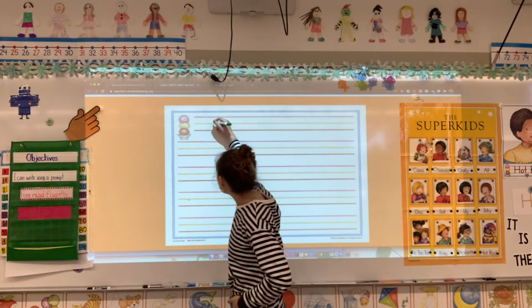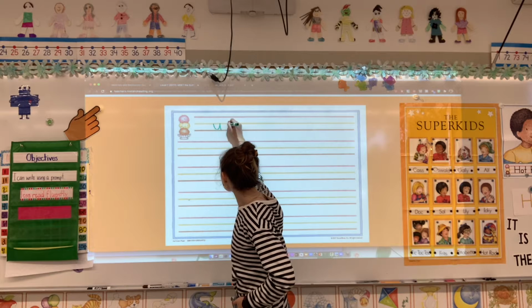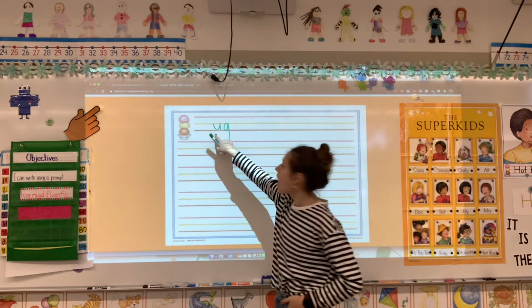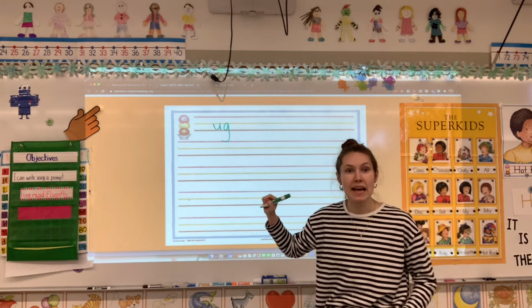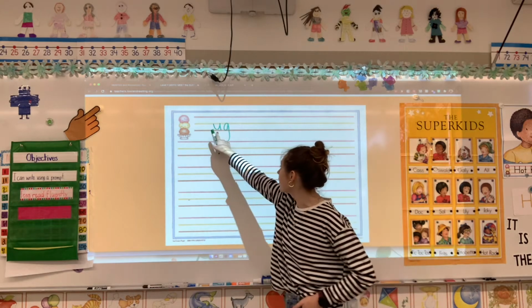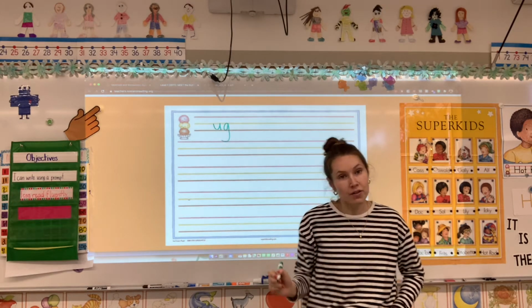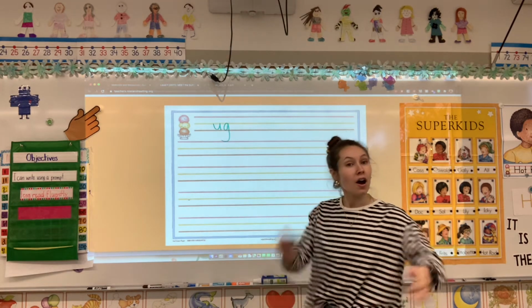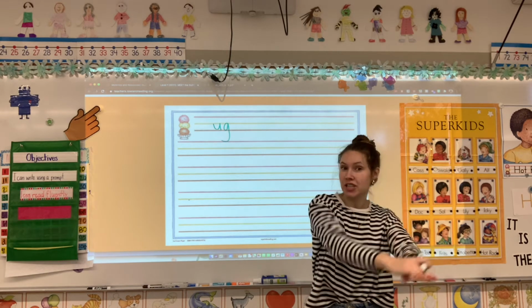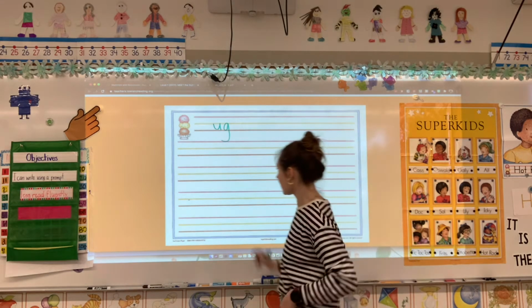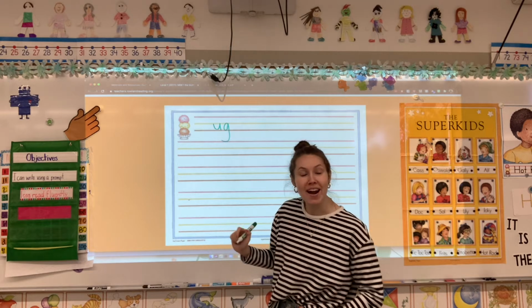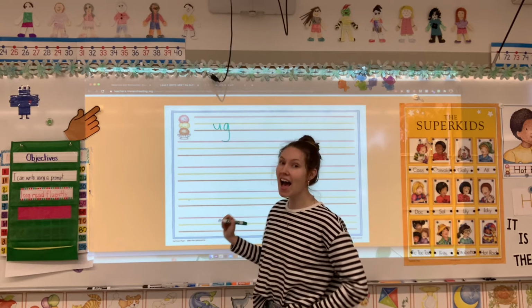We're going to begin with the UG family. And UG is spelled with a U and a G. So all of the words in the UG family are going to have a U in the middle and a G in the end. We're going to begin with the word hug. Hug.